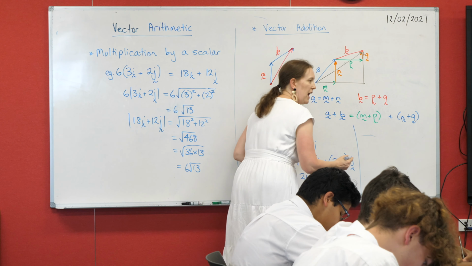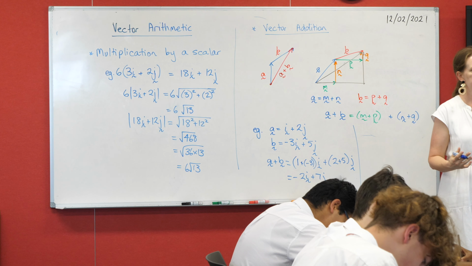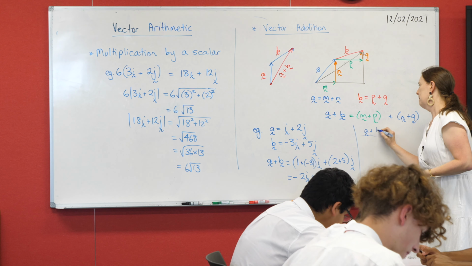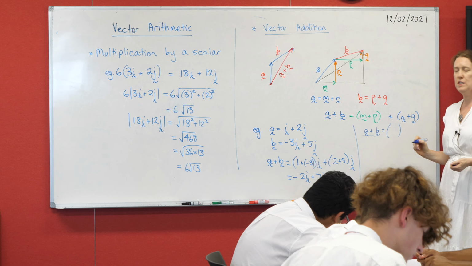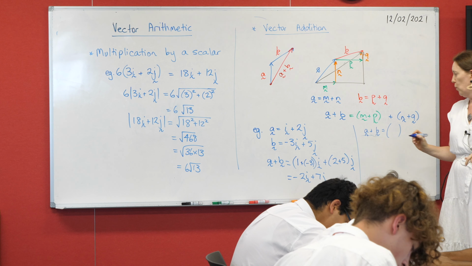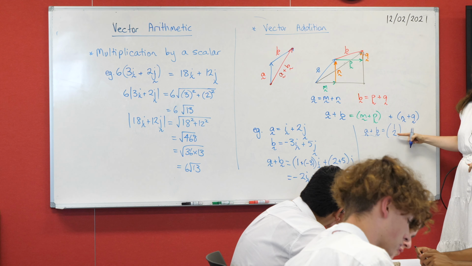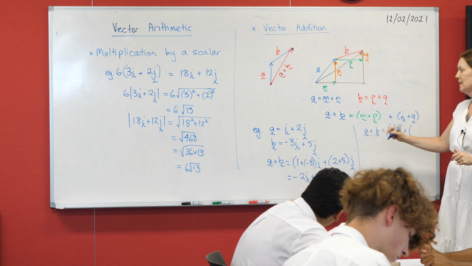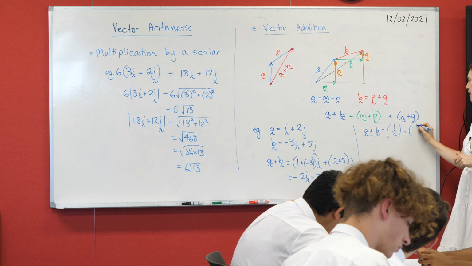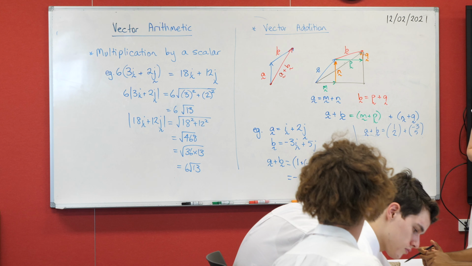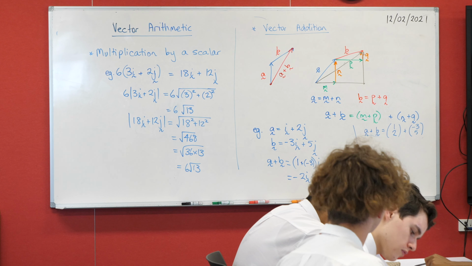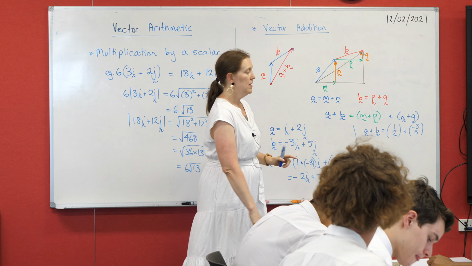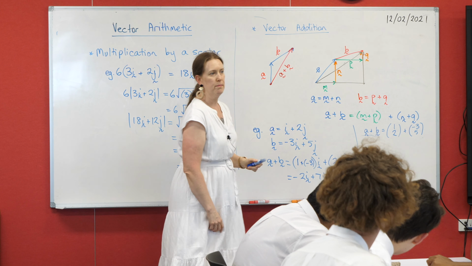What happens when we change that to column form? What does my A vector look like now in column form? 1, 2. I direction, j direction. You with me? I'm adding minus 3, 5. Notice there's nothing obvious to say that these two are still like terms and these two are still like terms.